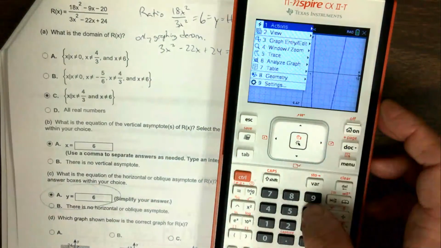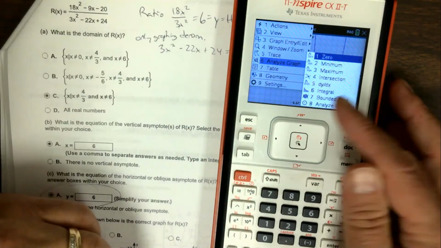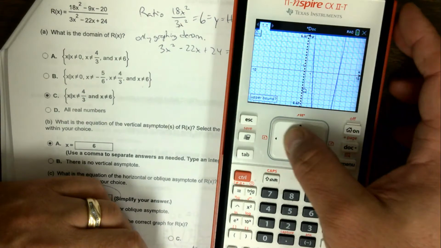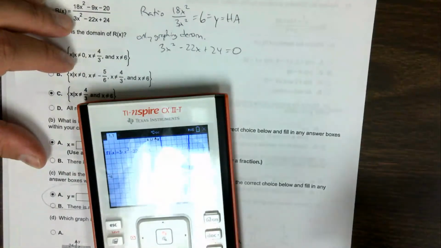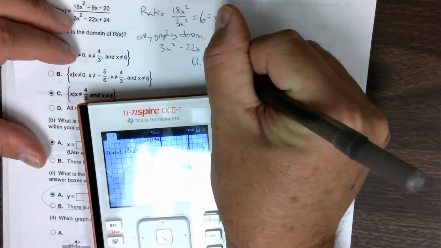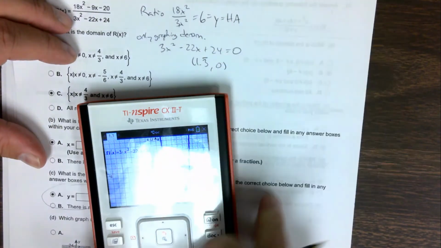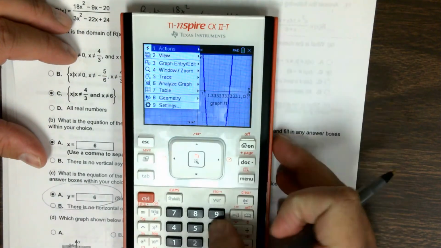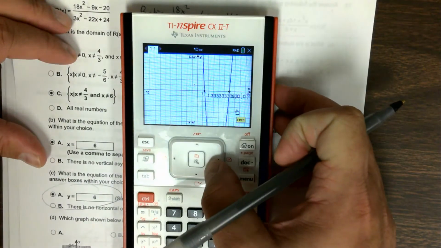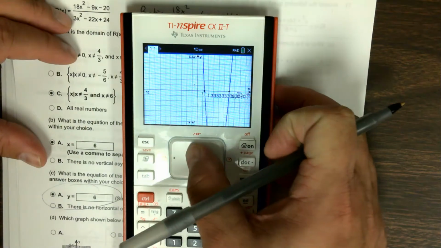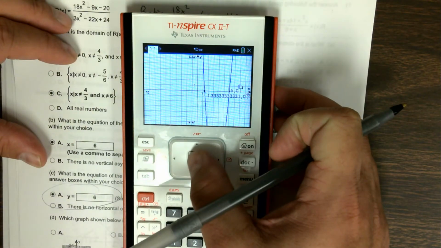So we do analyze graph, then zero. And so that gives you 1.3 repeating. And then the other one, analyze zero. That one gives you 6, 0.